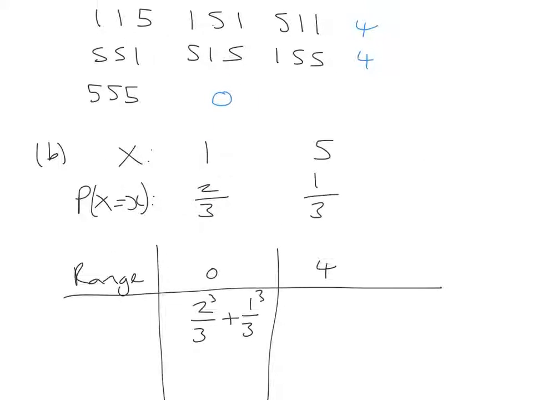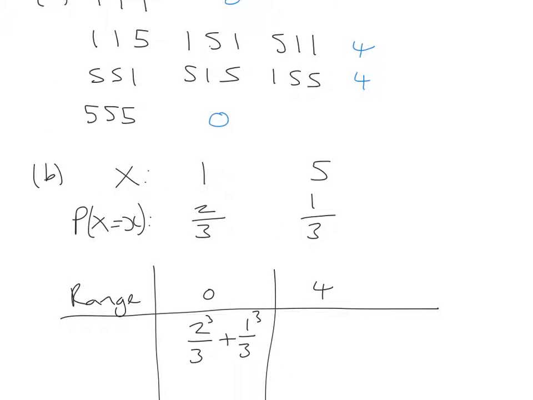So, looking back at our samples of 4, we can either get 2 1s and a 5, and that happens 3 times. So let's represent that. So it happens 3 times, so it's going to be 3 times 2 1s, which is 2/3 to the power of 2, times 1/3, which represents the 5.